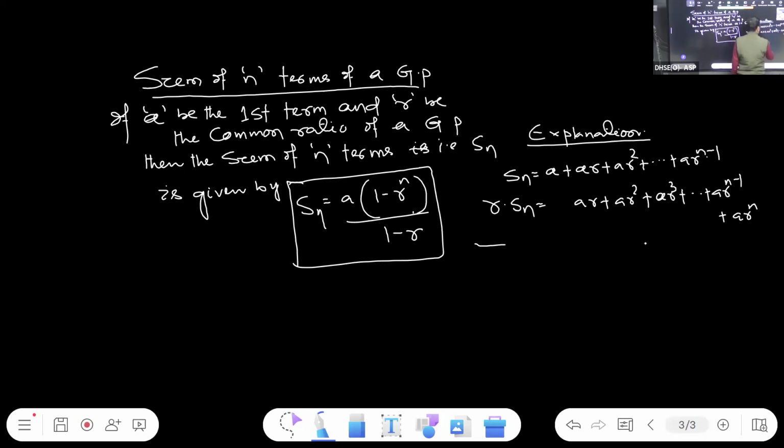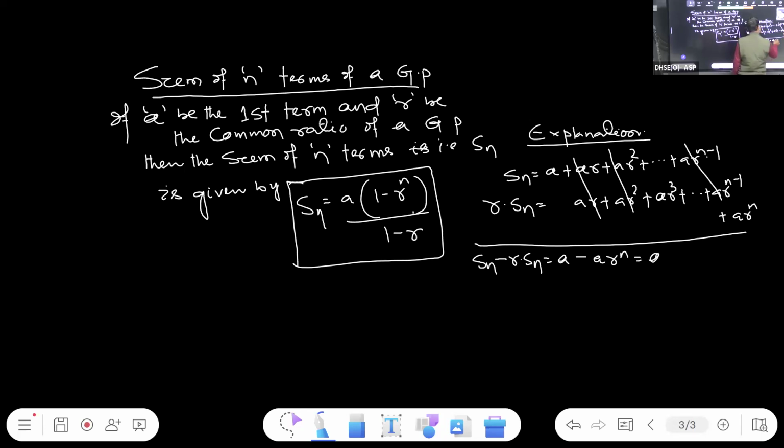Now subtract the second equation from the first. Equation 1 minus equation 2: Sn minus R times Sn is equal to A. AR cancels, AR square cancels, up to AR to the power n minus 1. What are the leftover terms? A and AR to the power n, so it is A minus AR to the power n.